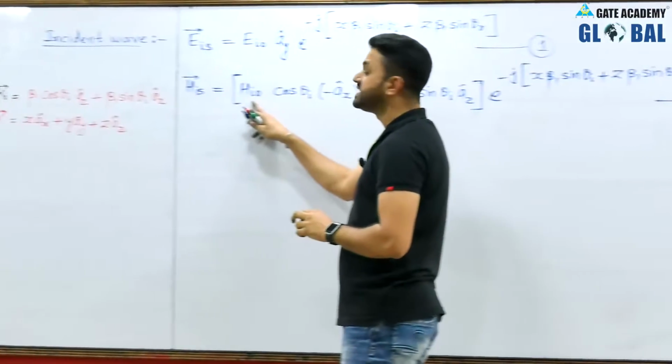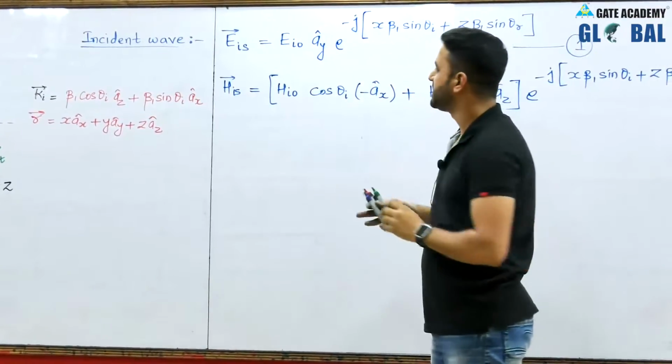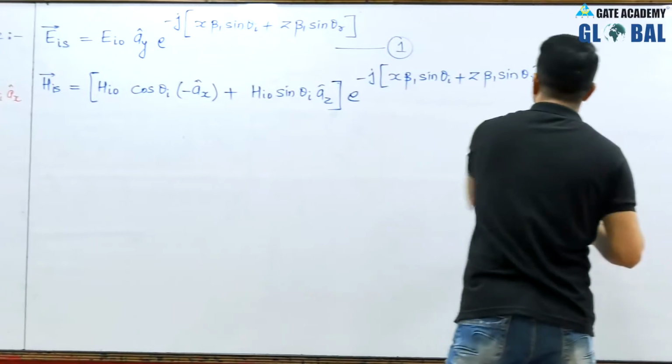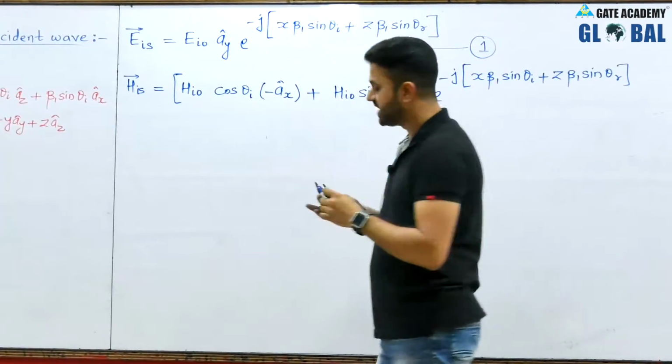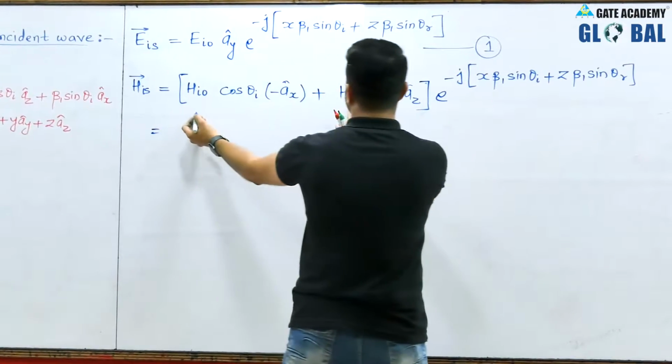And because we can write this HI naught in terms of the electric field, let's not write equation number 2 yet and let's change this peak magnetic field in terms of the electric field. So in terms of the electric field, this HI naught is common.